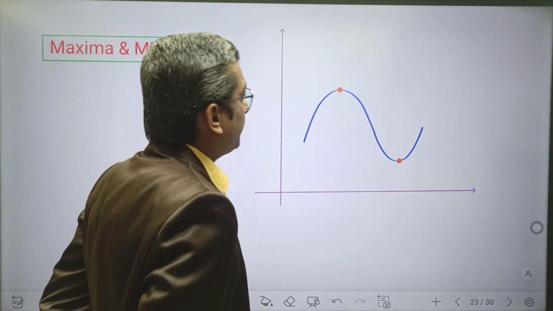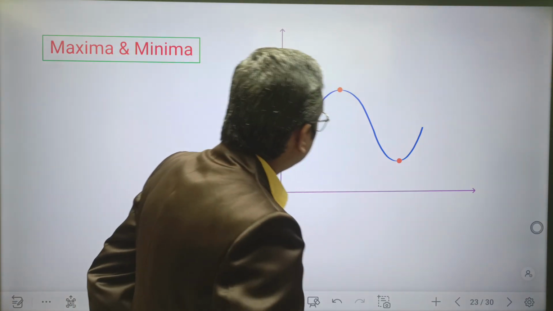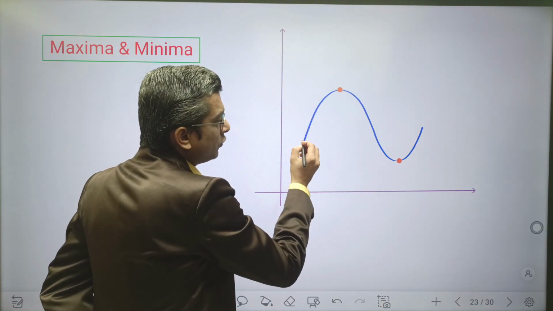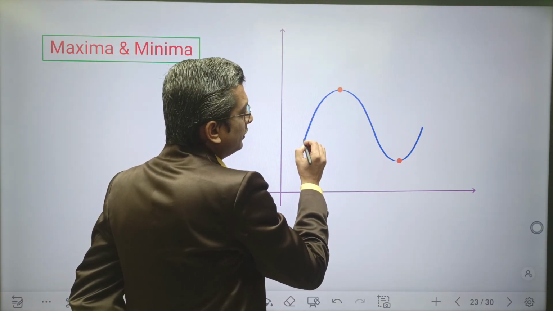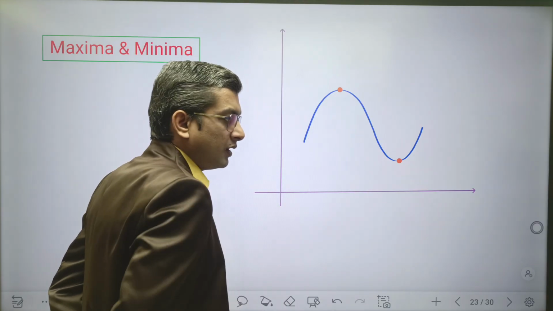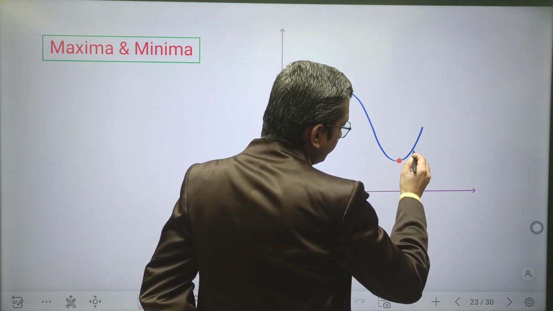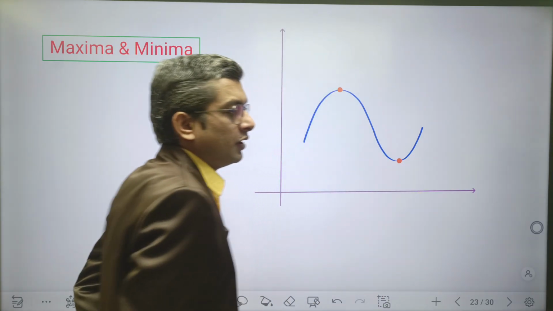Now before this point, the slope is decreasing and finally it decreases to 0, and here the slope is increasing. At this point the slope has value 0.